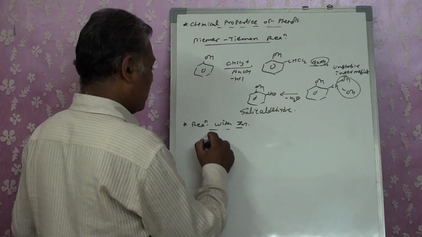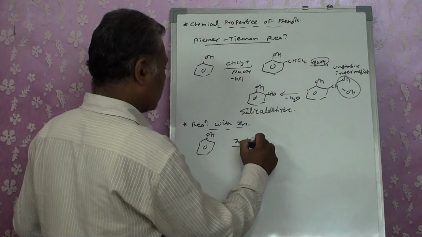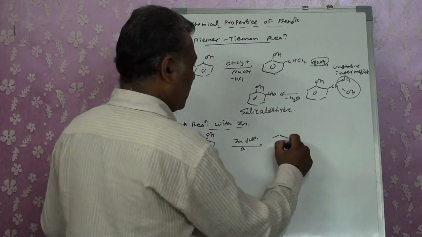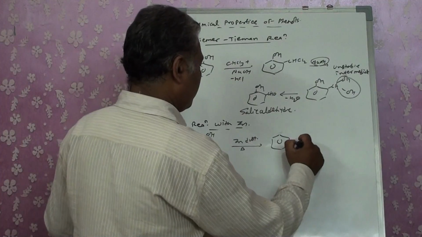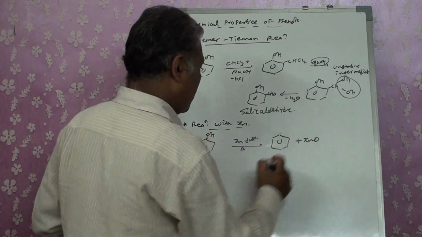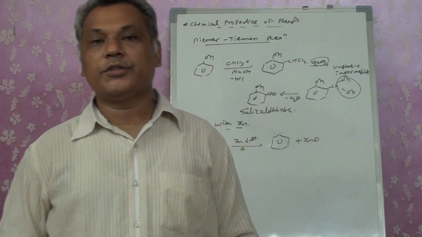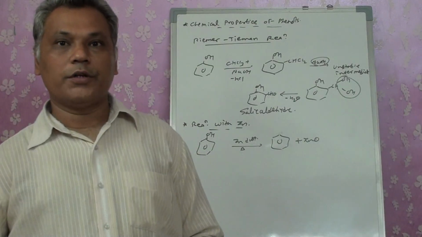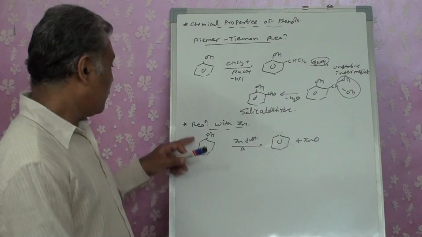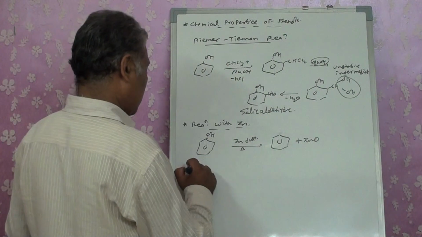Phenol, when reacted with Zn dust, on heating gets converted into benzene. This is one of the important reactions from the point of view of conversions. For conversions, this is going to be very important for us. Okay? So phenol with Zn gets converted into benzene.